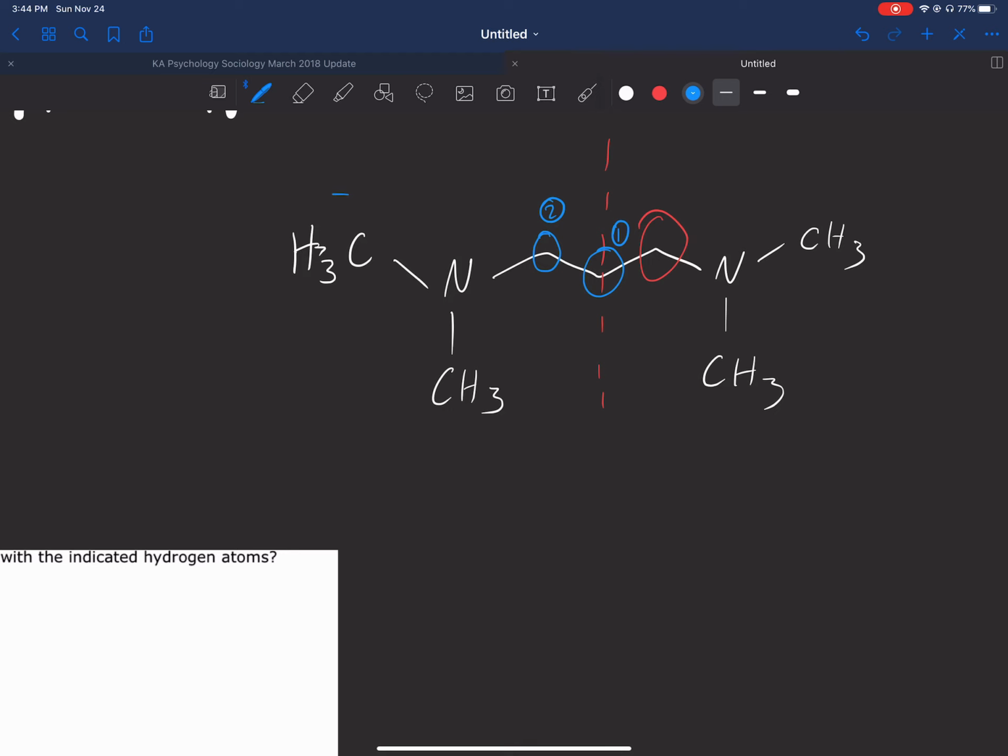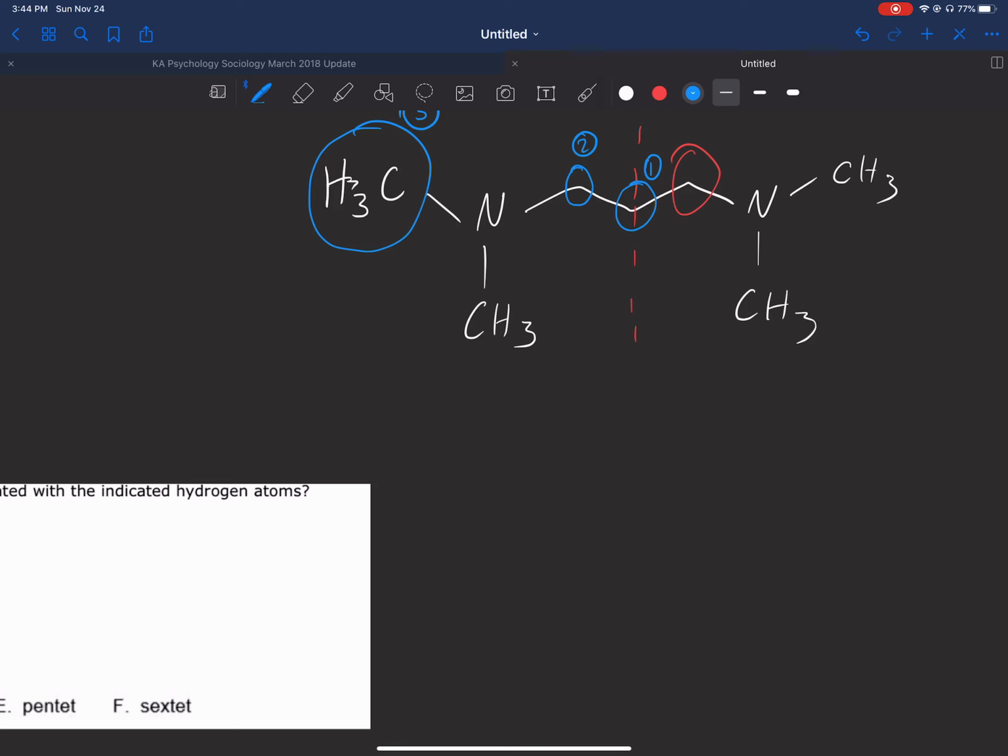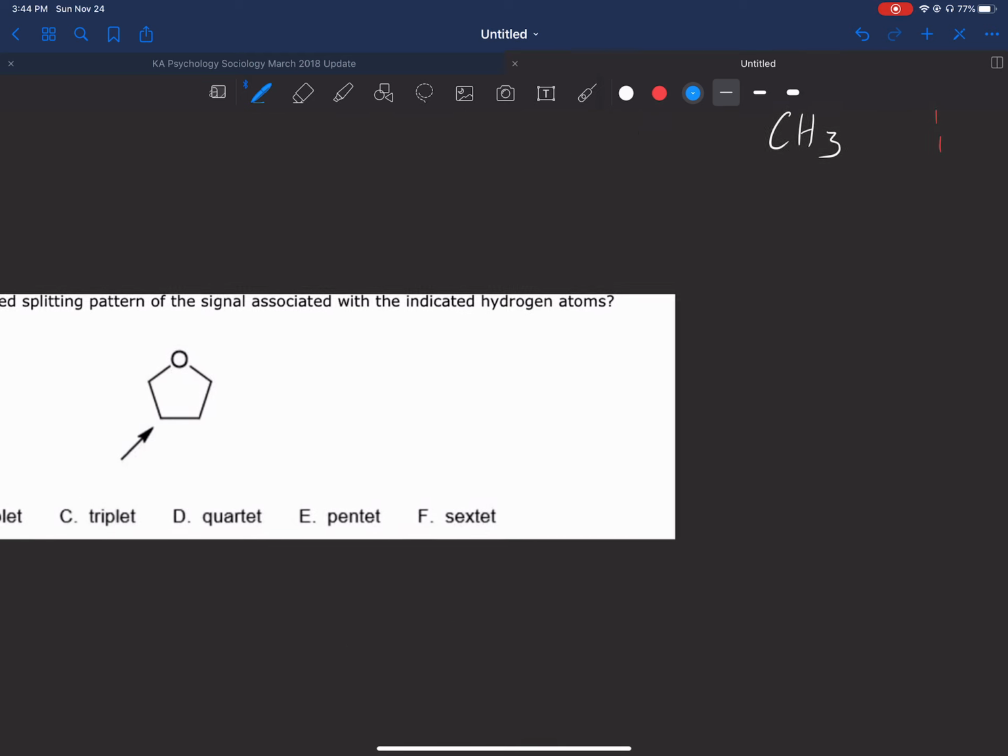And then we have this methyl, which is the same as this methyl, the same as this methyl, the same as this methyl. So we again only get another peak there. That's 3 total peaks on CNMR. HNMR works the same way, except for one small factor called splitting.